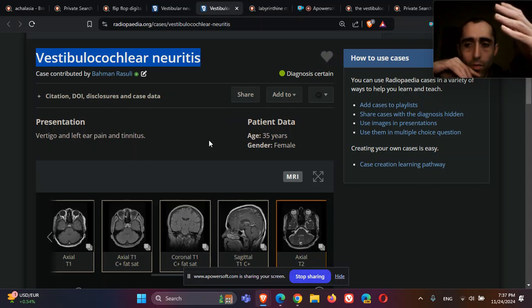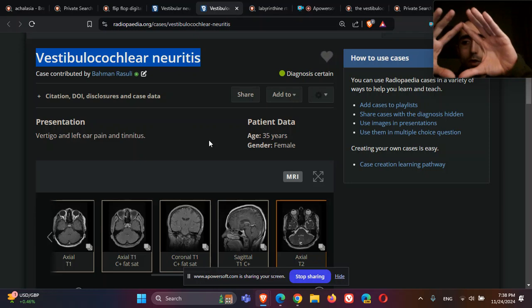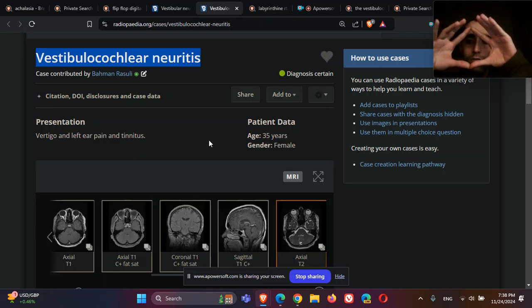In viral labyrinthitis, to the contrary, you also have inclusion of the cochlear side. So in vestibular neuritis, you should have only involvement of the vestibular nerve, and in viral labyrinthitis, you should have vestibular involvement of the labyrinth, but also the cochlear part. This is why it's viral labyrinthitis and not just vestibular neuritis.